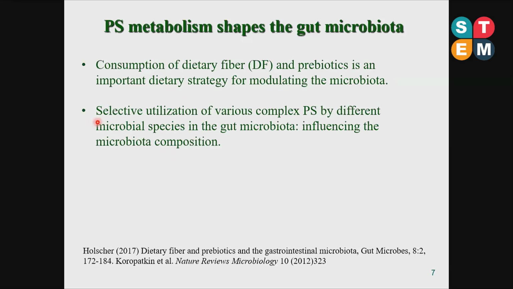Also, there is selective utilization of various common polysaccharides by different microbial species in the gut microbiota. Because there are many different species of bacteria, they can selectively utilize different polysaccharides, which will result in a change in the microbiota composition.